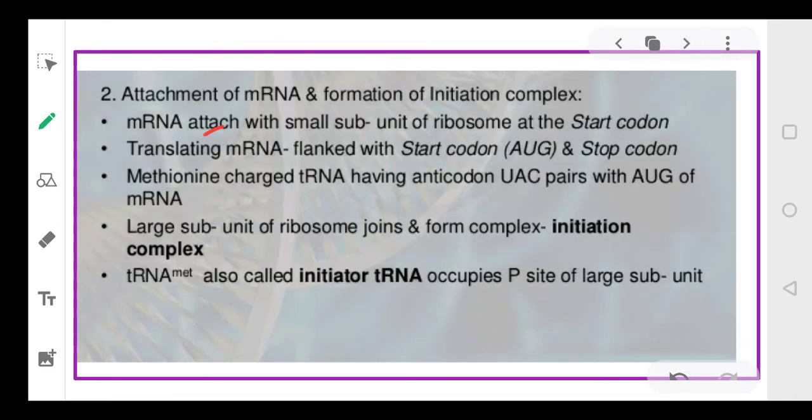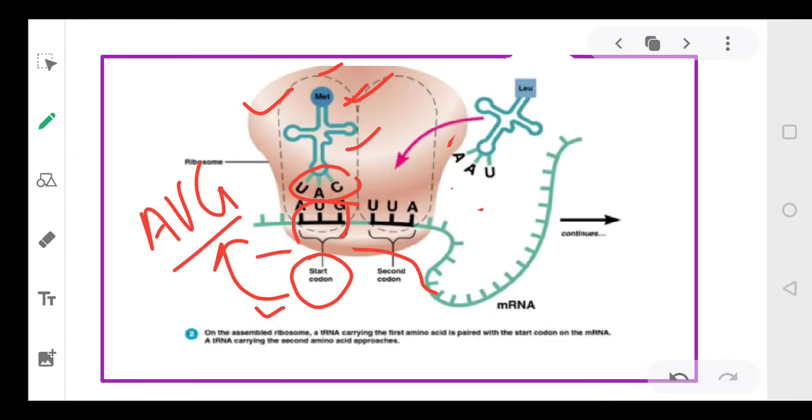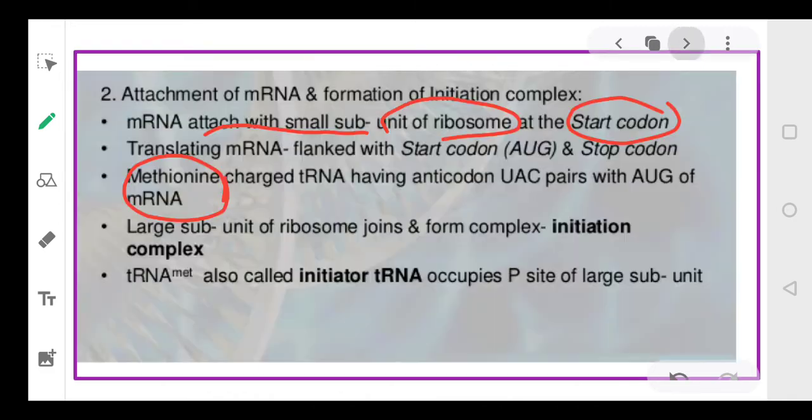The mRNA will attach with the ribosomal unit at the start codon, and the start codon will code for methionine. This complex which is formed is called the initiation complex. Dear students, what do we call this complex? Initiation complex. Clear everyone?